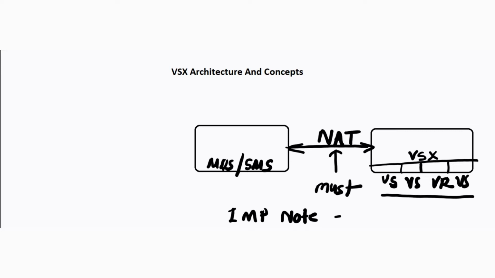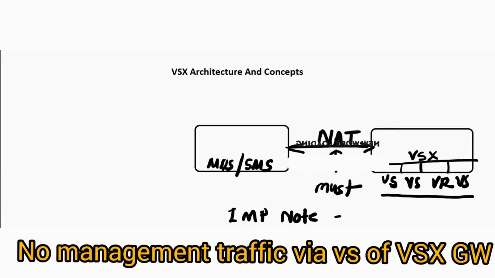And secondly, it is not supported to manage a VSX gateway when management traffic is protected by or travels from a virtual system. For example, if the management server is behind a virtual system configured on this VSX gateway, then the communication between the VSX gateway and the SMS will happen through this virtual system, and that is not supported for management communication traffic.